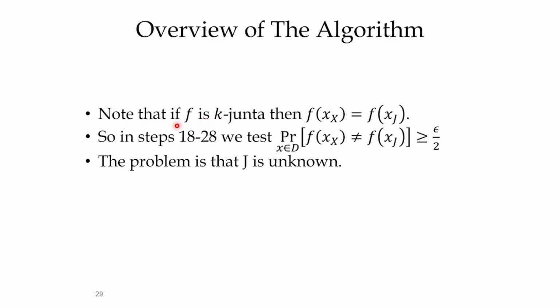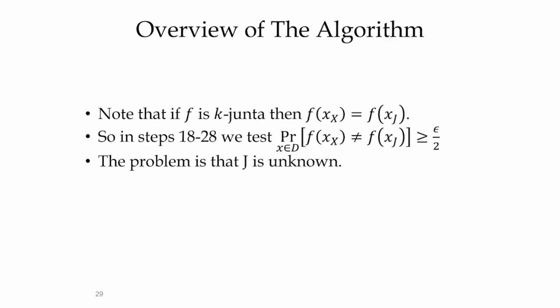Alright. Before we go over to the last test, we should note that if f is k-junta, then f of x subscript every relevant set is the same as f on x subscript all the indices of all the relevant variables.